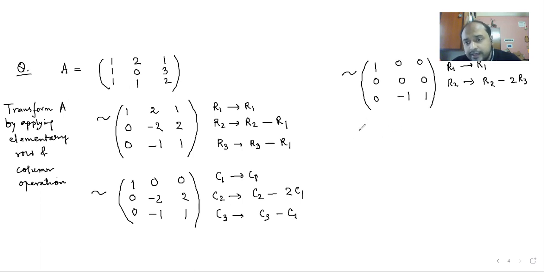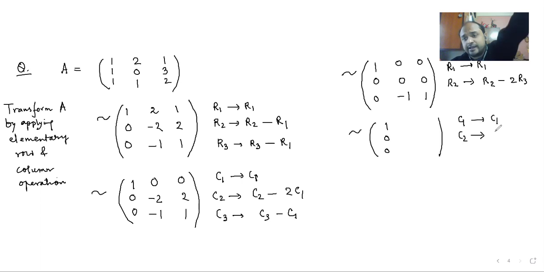Then what can I do? I can go a little bit further, and I can keep column 1 fixed, and column 2 and column 3 can be added together. As I told you in my last class, you have to be careful when writing this.